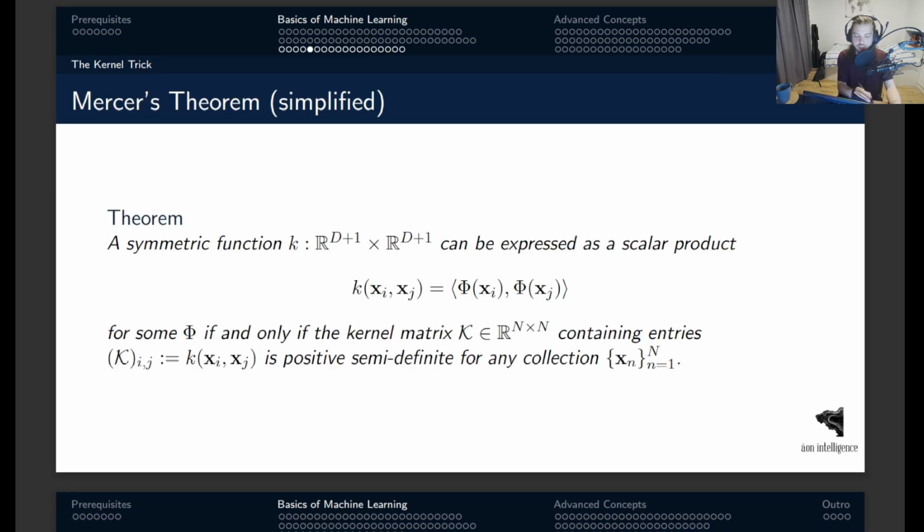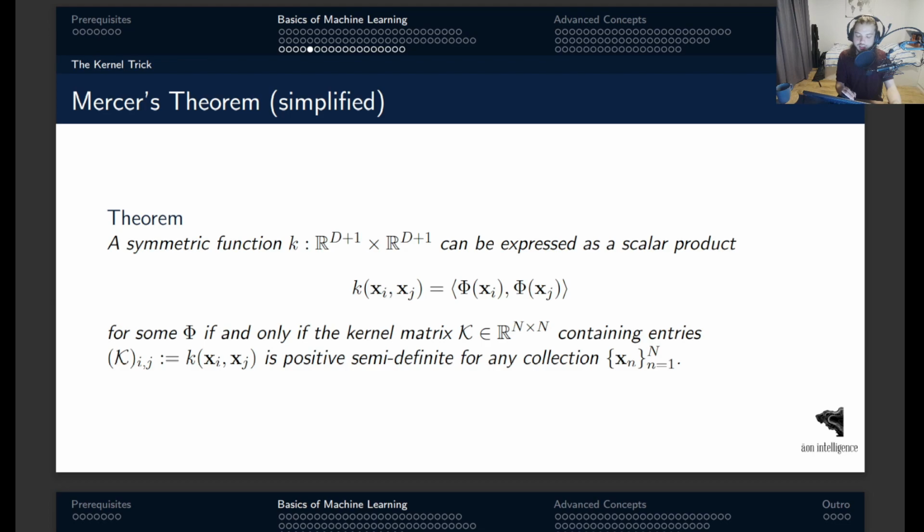Now we come to the central statement of this lecture, which is Mercer's theorem. And note that first we will only look at a simplified version of Mercer's theorem. In a later lecture, I will give you the full version of Mercer's theorem, but for now, let's consider the simplified version. So this theorem states that a symmetric function k, and symmetric means that the order of the arguments doesn't matter, can be expressed as a scalar product.